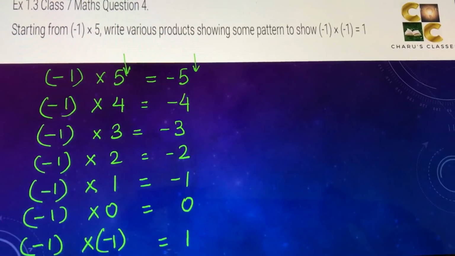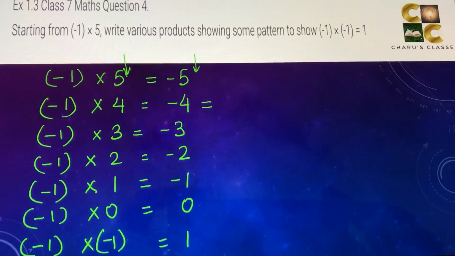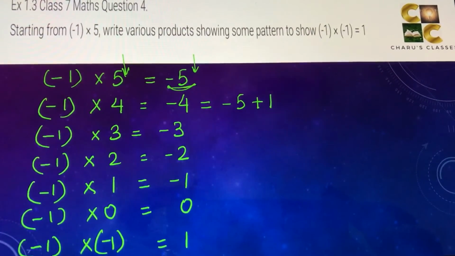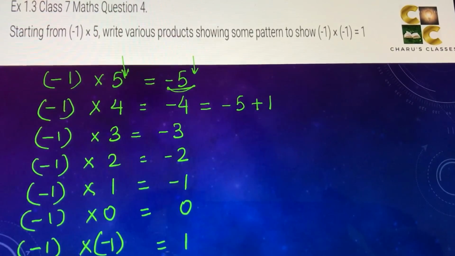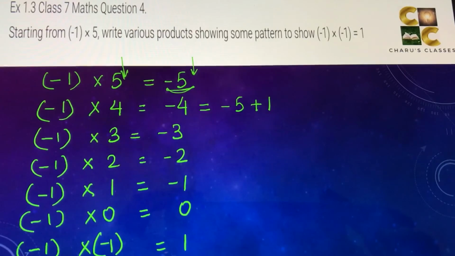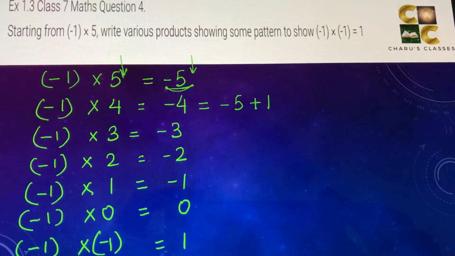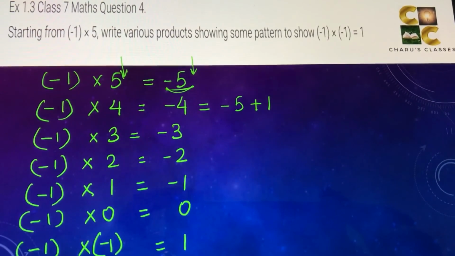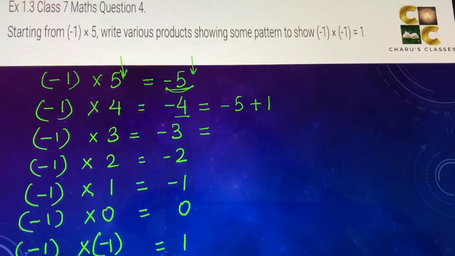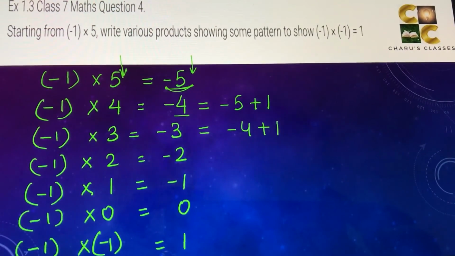There is one more pattern which we can write here. I can write minus 4 as minus 5 plus 1. यानी इस नंबर में 1 ऐड करने से I am getting minus 4, because if one positive and one negative number are added, they are subtracted with the sign of the bigger number. Minus 3 can be written as minus 4 plus 1.